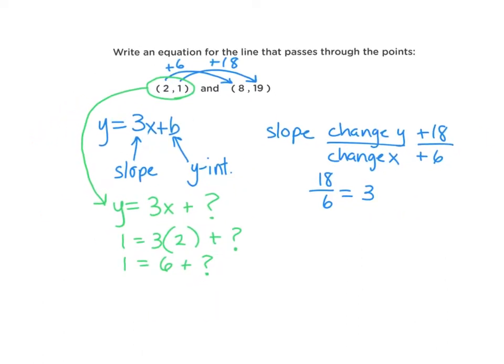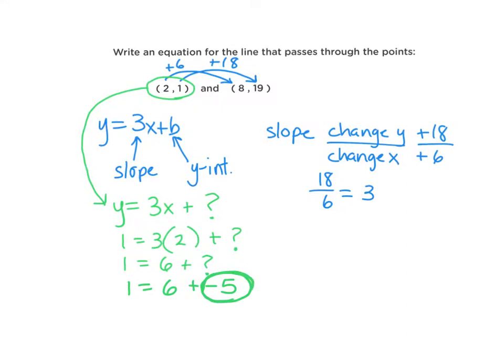So I know that 6 plus a negative 5, or 6 minus 5, is what would make the equation balance with a 1. So this negative 5 is our y-intercept.